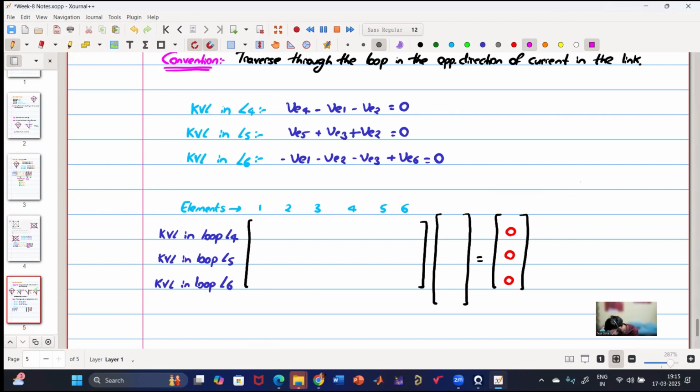So we have voltages V1, V2, V3, V4, V5, V6. So now tell me what will be the expression, constants or the elements of the matrix in row 1.